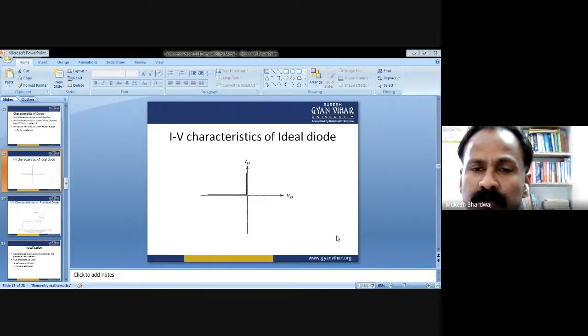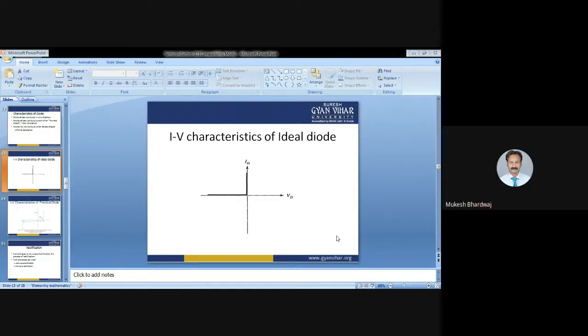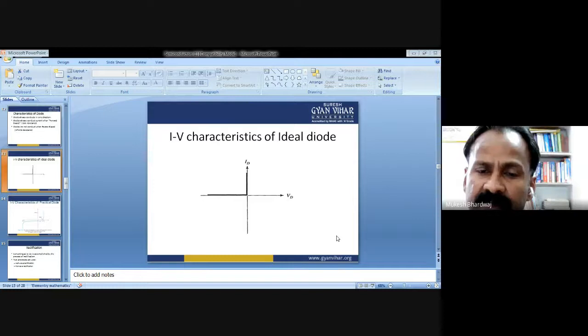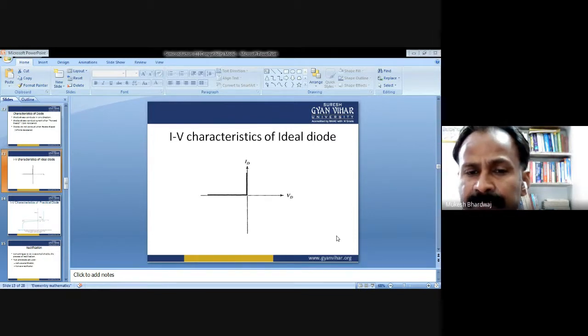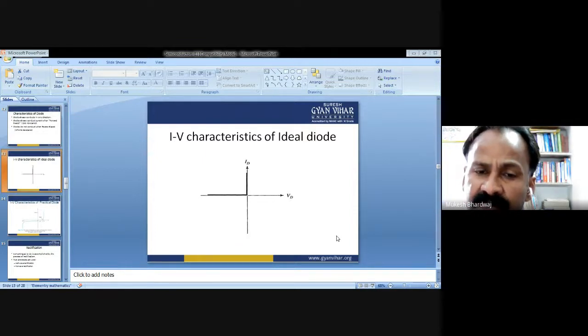But in actual practice, this graph does not hold, because practically the diode's current in forward bias does not start like this. It increases exponentially. And in reverse bias, as you increase the voltage, the current will start, but only after a certain applied voltage.